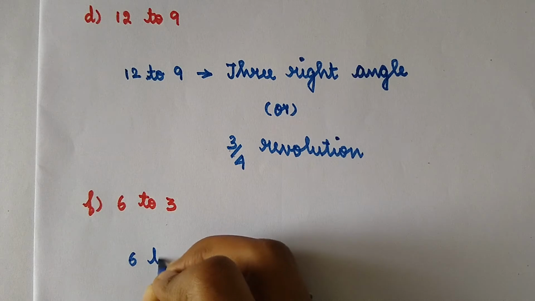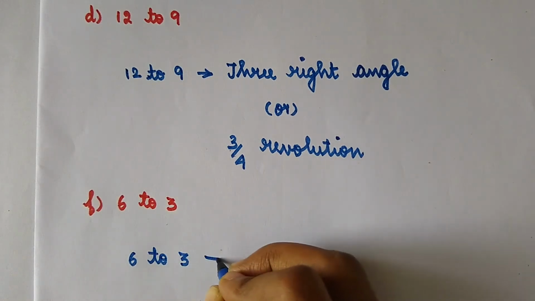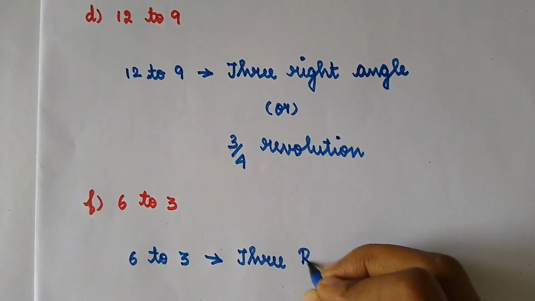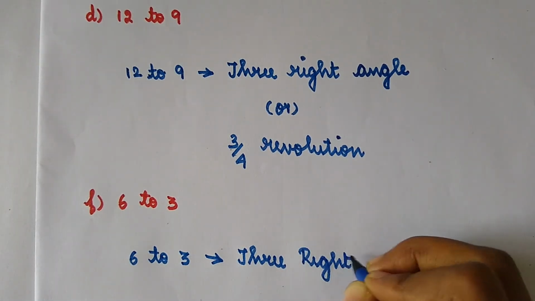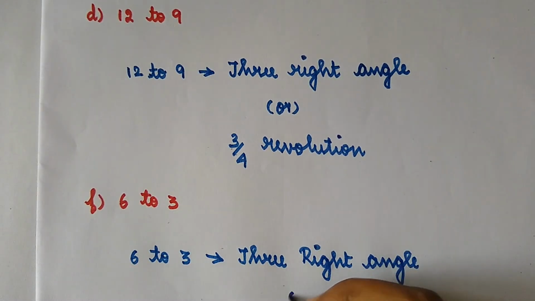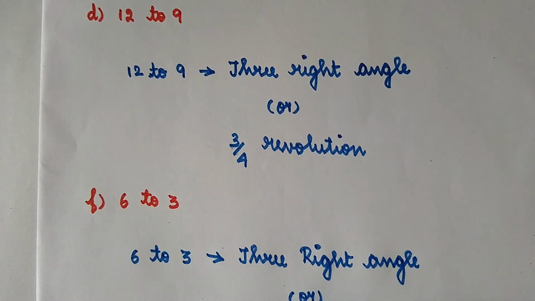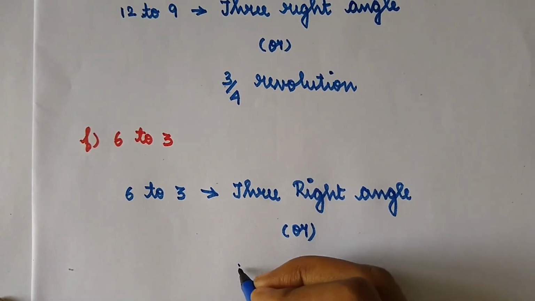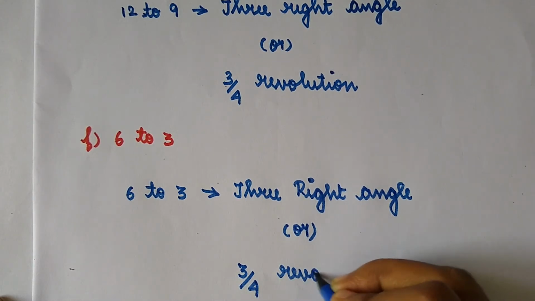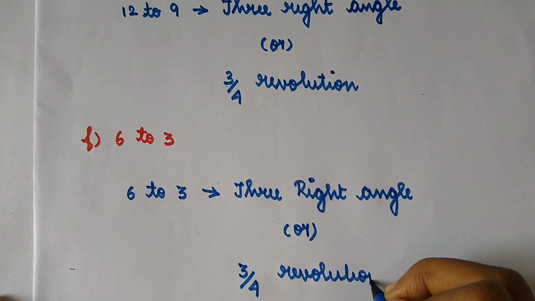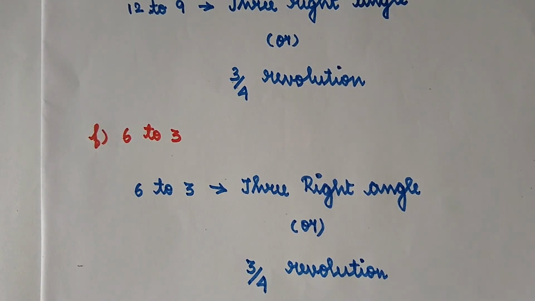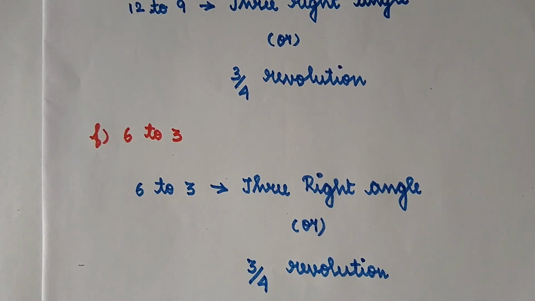So 6 to 3 means it has 3 right angles, or 3/4 revolution. Hope that you understood. Next, let's move to the second problem.